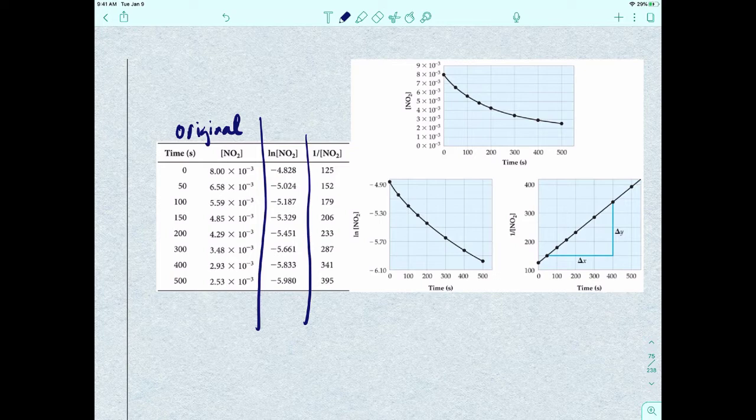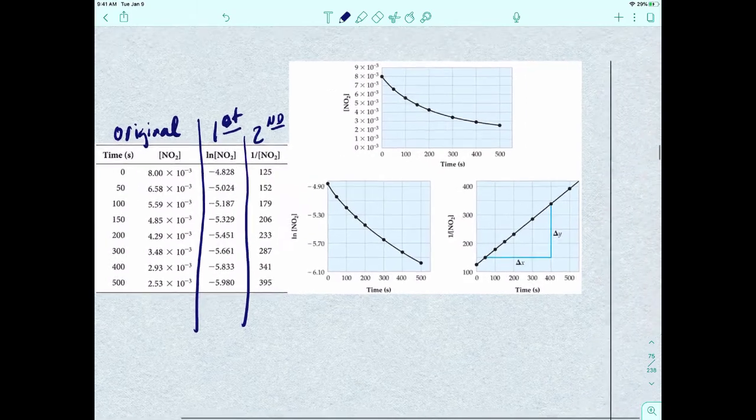I also went back to the original concentration of NO2 and took 1 over the concentration to get those numbers as well. So hopefully, if we get a straight line from the natural log of NO2, that tells us it's first order. If we get a straight line from the reciprocal, that's going to tell us that we've got second order.